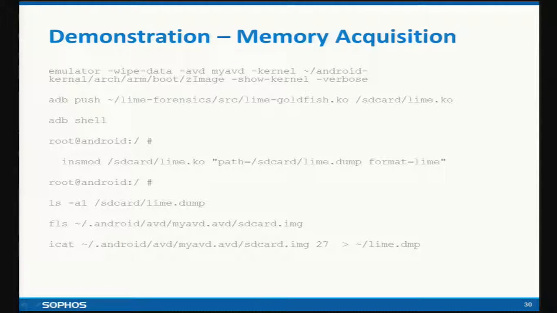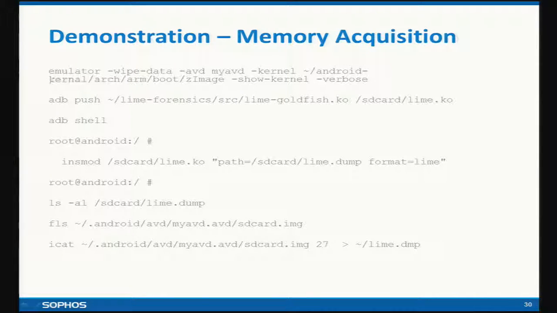In segment 3, I will demonstrate the usage of Volatility plugins to locate the offset of unpacked DEX, write a selected memory map to disk, and patch the DEX header if required. This step is for the memory acquisition. We emulate with a customized kernel, then we push LiME into the Android device.